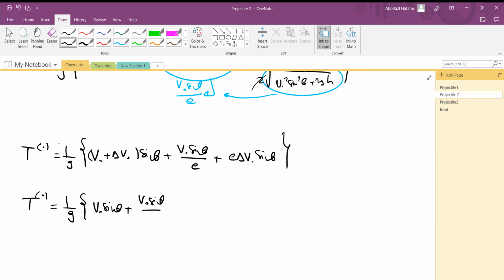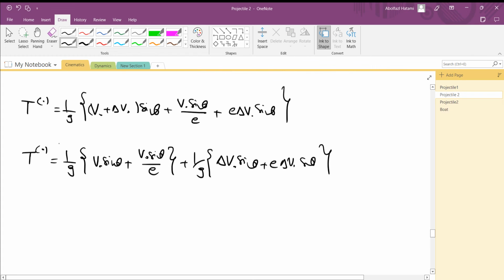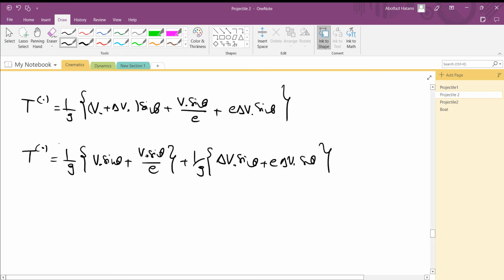And now I can say that T0 is 1 over g V0 sine theta plus V0 sine theta over E plus 1 over g delta V0 sine of theta plus E delta V0 sine of theta, which I can factor the terms.